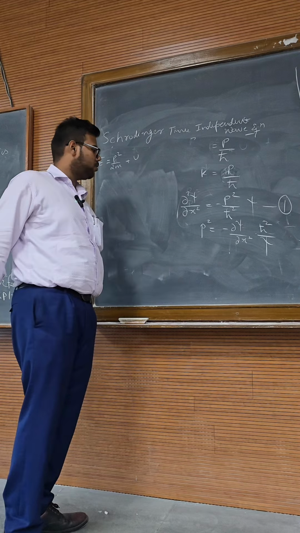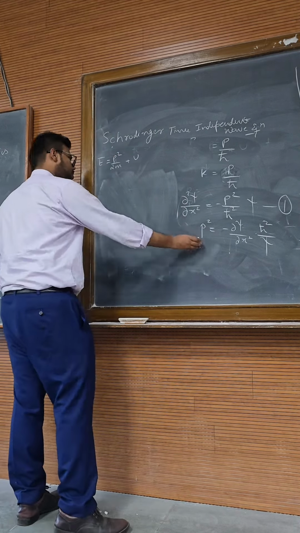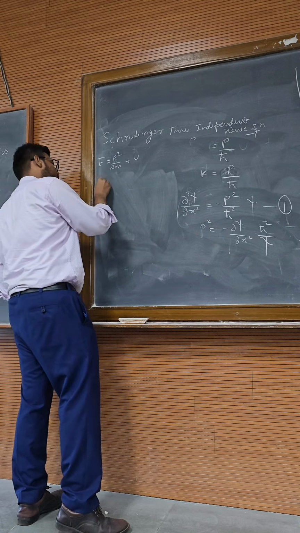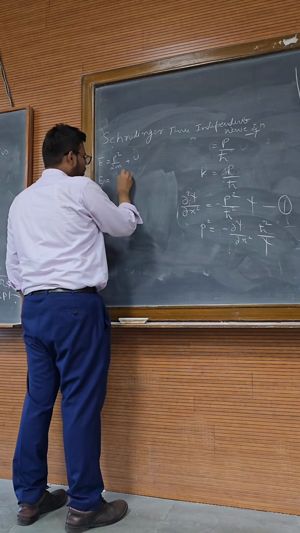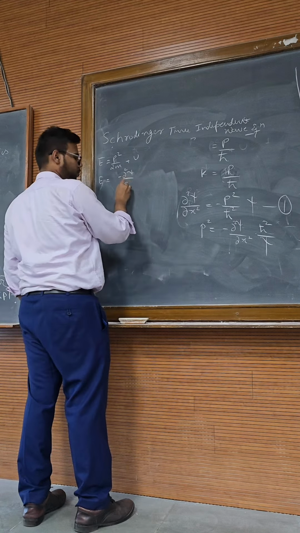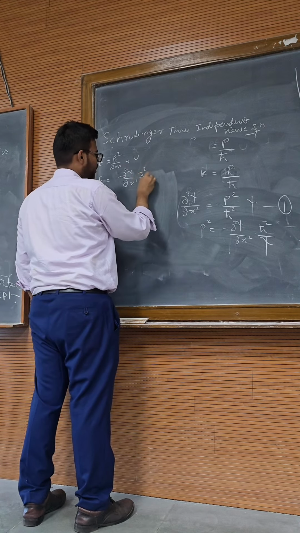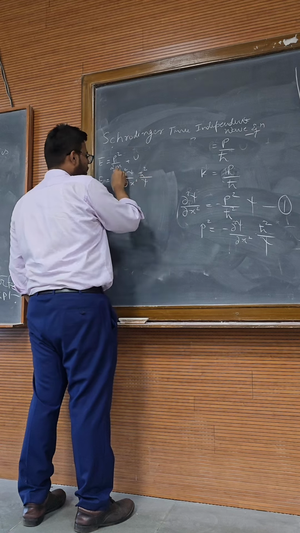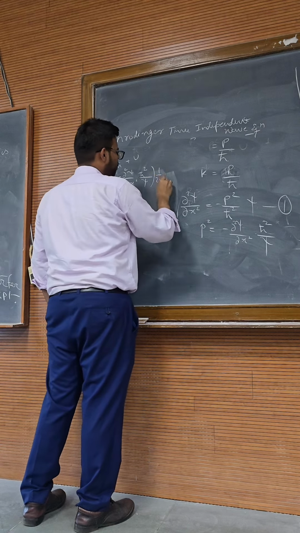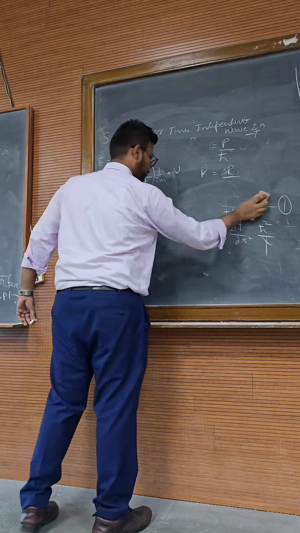I hope my calculation is correct. Yeah, just substitute it over here, and you get negative del 2 psi by del x square h bar square by psi into 1 upon 2m plus u. Please check the calculation, is it correct or not?